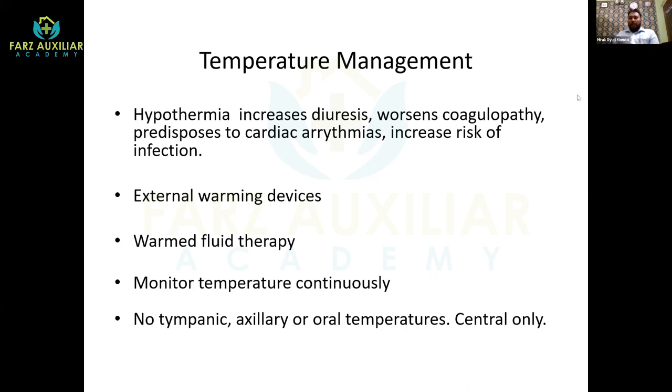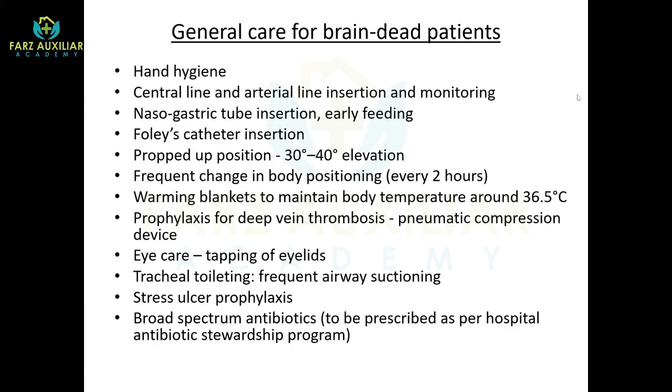The fluids we transfuse are warm fluids, and we have to monitor temperature continuously, preferably central temperature. And regarding general care, don't forget the general care of a patient in your ICU, like early feeding, propped up position, eye care, and other first heartbeats. This you have to remember.